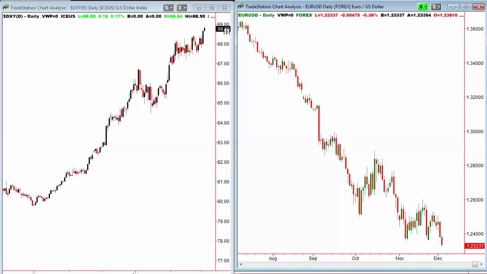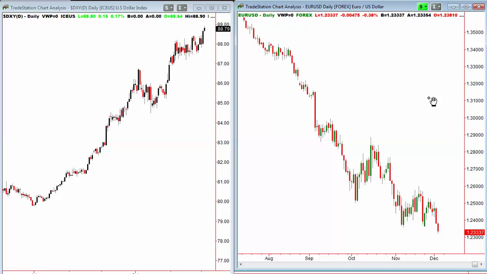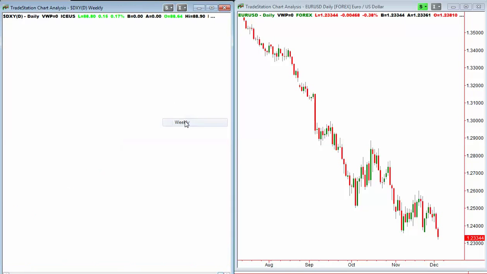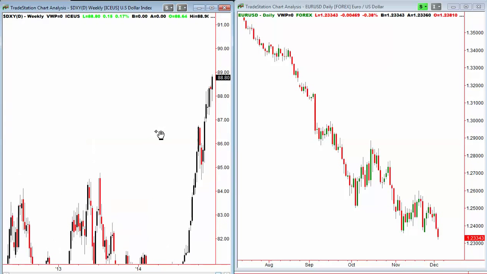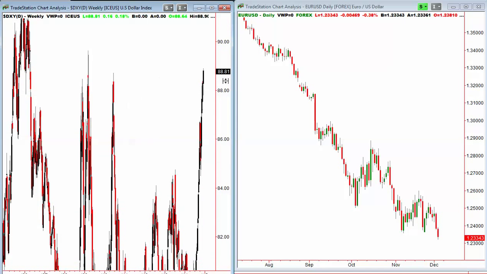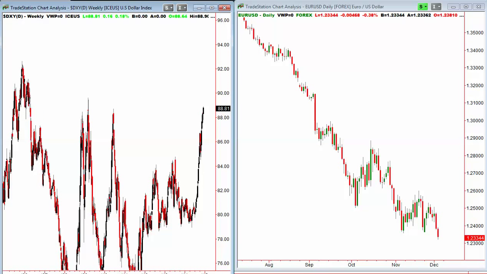One of the ways you can use the DXY or the dollar index is to find out when the euro dollar is going to bounce, or when the euro dollar is going to reverse. So if we look at the DXY and we go into a higher time frame, for example a weekly, let's have a look. As we can see at the moment, the dollar index is coming into this resistance zone here.